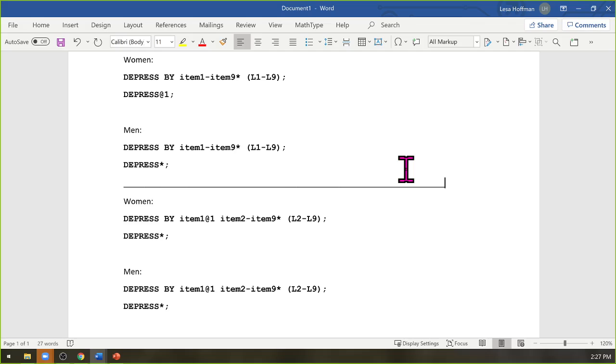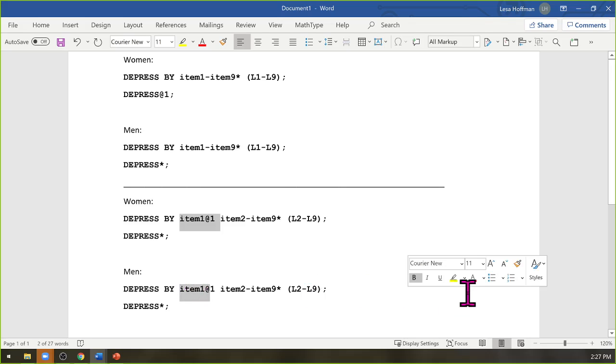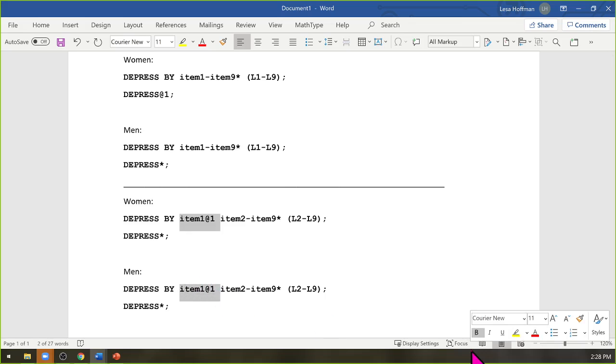The second code is based on item 1, but item 1 can be different based on groups. Yes, ding, ding, ding. 1 and 1. These ones are here not because I'm saying that the item is invariant, but because that's how I'm identifying the model.